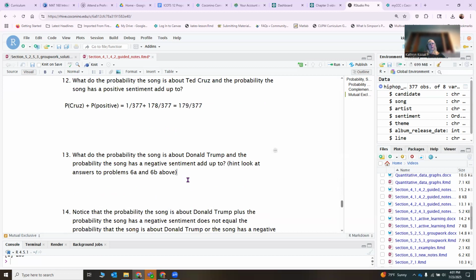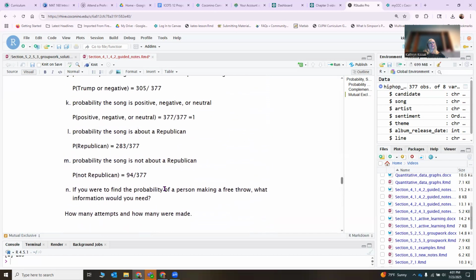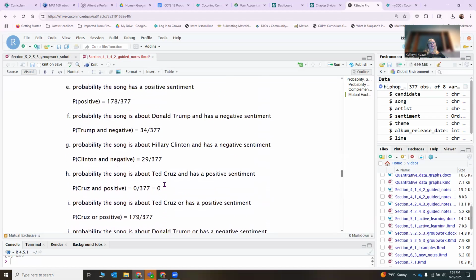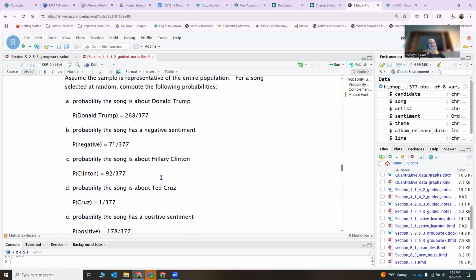What do the probability of a song is about Donald Trump and the probability of a negative add up to? So again, we'll go back up to the top, get these probabilities because I don't remember what they are. We did calculate these already.